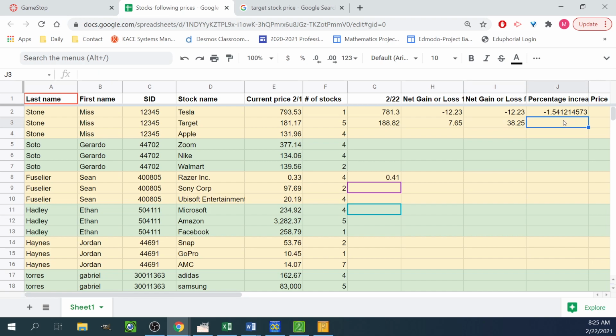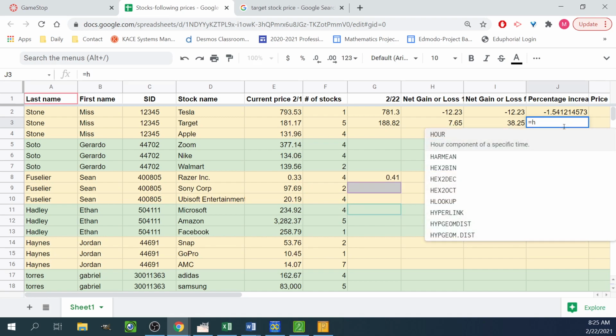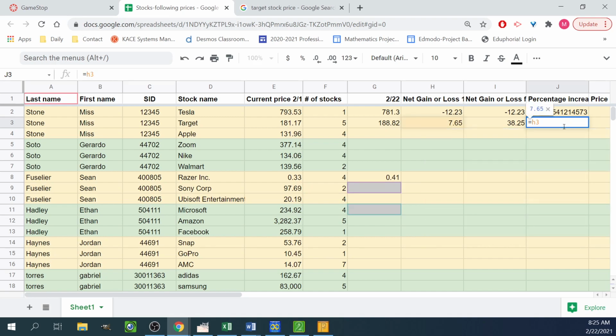And now for percentage, you're going to take just the gain for one share and divide it by the original price. So the price for one share that increased by, I'm going to say equals H3 divided by E3.